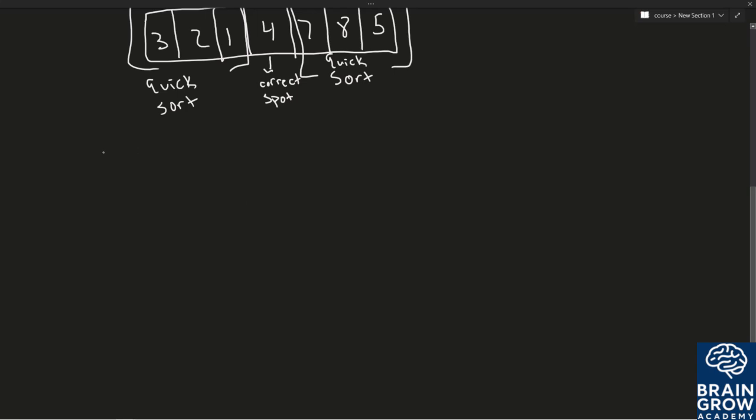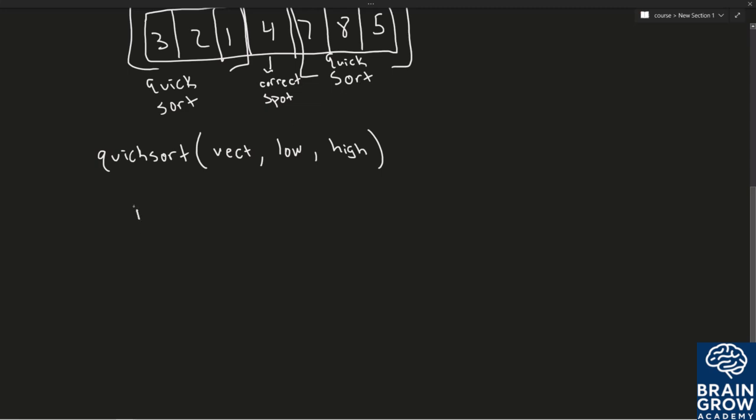So we're going to have our quicksort function, and it's going to take a couple of parameters. We'll take our vector, we're going to take low, the beginning index of the array, and then high, which is the end index of the array.